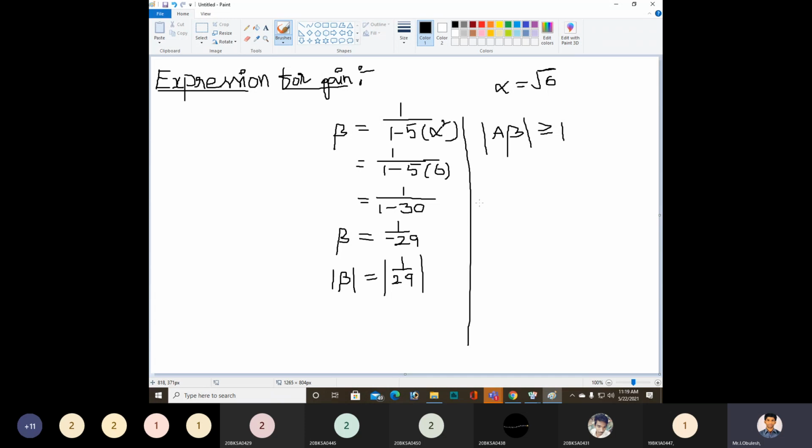Here we want to find the gain, A value. Mod A is greater than or equal to 1 by mod beta, that is, mod A is greater than or equal to 1 by 1 by 29, so mod A is greater than or equal to 29.